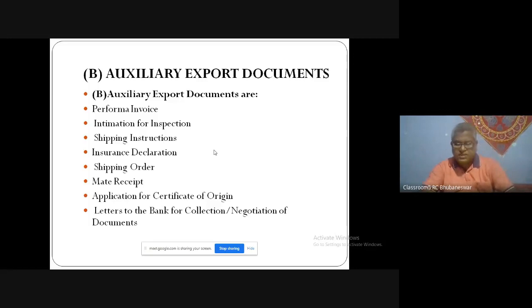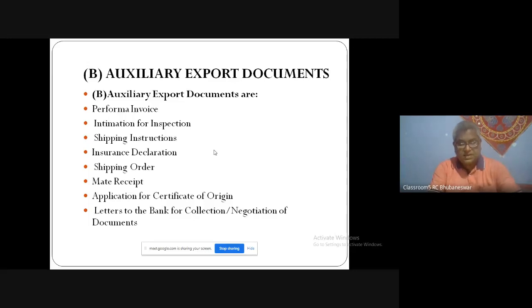If you talk about the mate receipt, sometimes I do not put some points in a particular class, but you have to be patient for some of the items. What is the definition of mate receipt? What is bill of lading? Wait for that. Mate receipt means after the goods are loaded in the ship, the captain of the ship furnishes the document to the port superintendent.